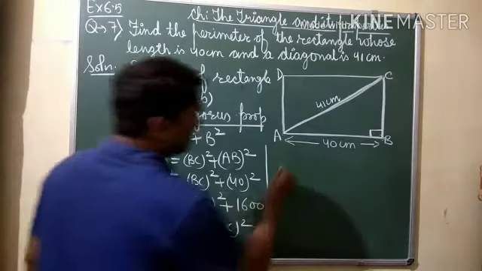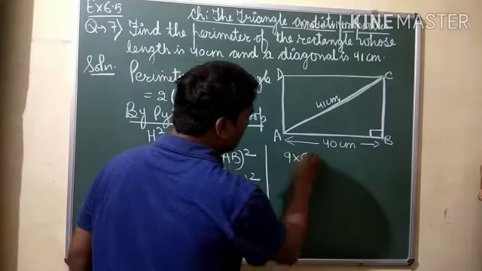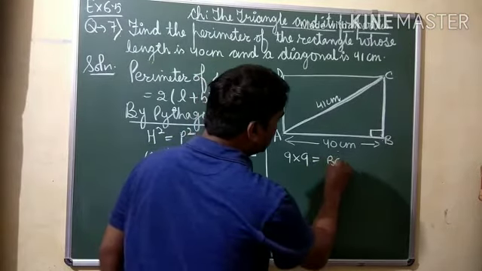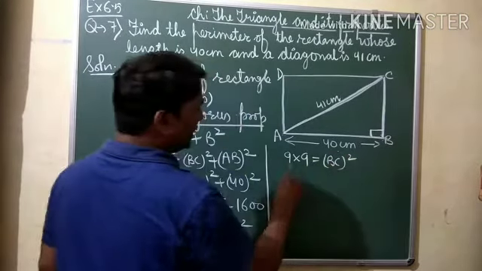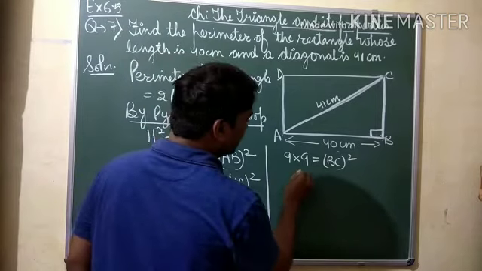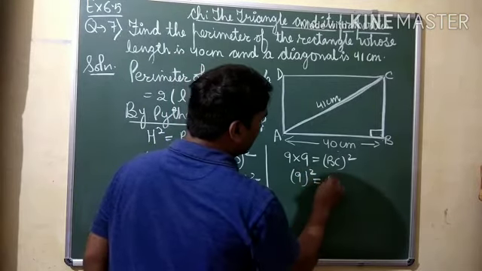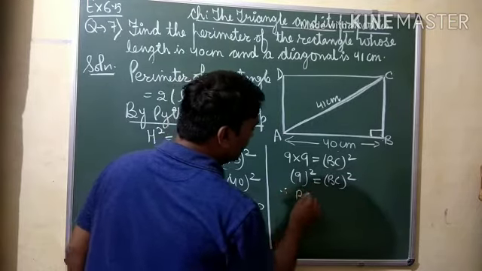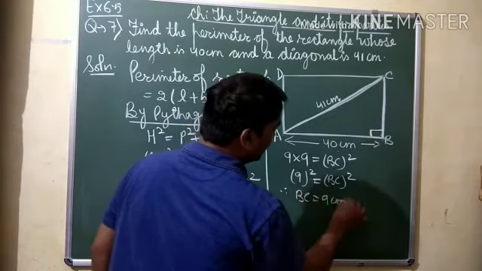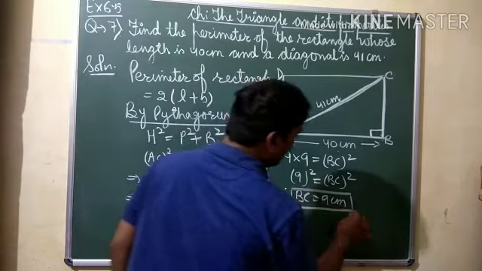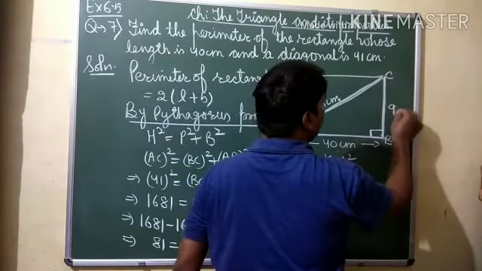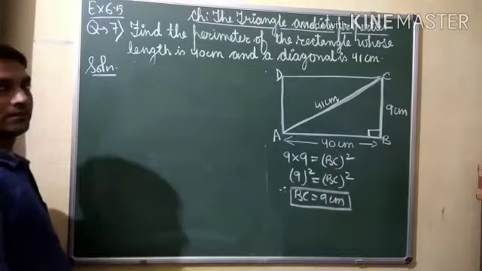Since 81 can be written as 9 multiply 9, so it becomes 9 multiply 9 equal to BC square, and 9 multiply 9 can be written as 9 square equal to BC square. Therefore BC is equal to 9 centimeter. Therefore breadth of the rectangle is 9 centimeter.